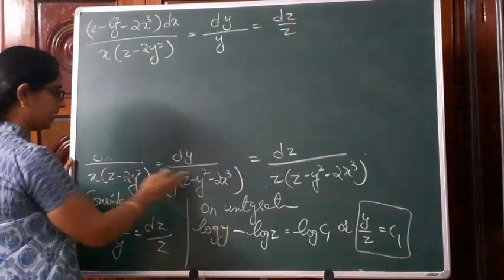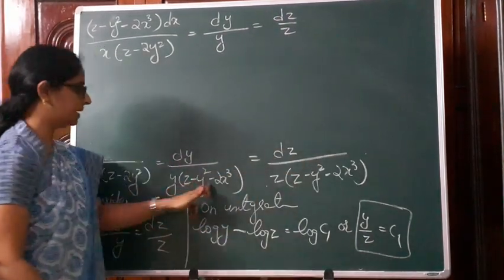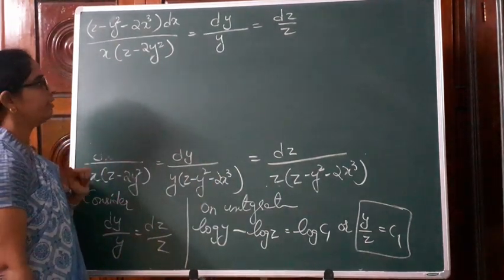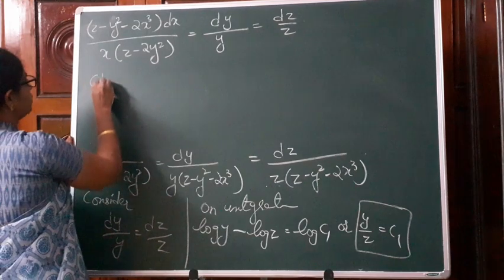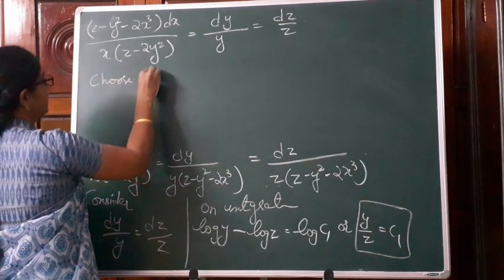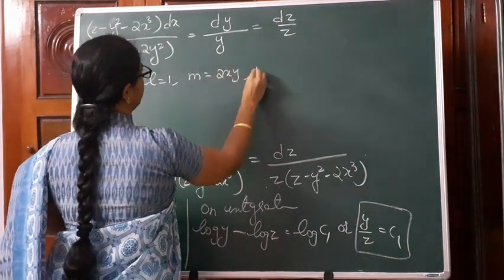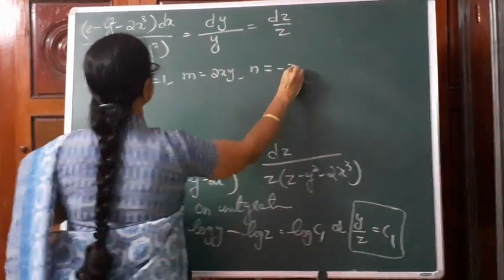What we did is we multiplied throughout with z minus y square minus 2x cube, so that we obtain this. Now we take the multipliers as L is equal to 1, M is equal to 2xy and N is equal to minus x.